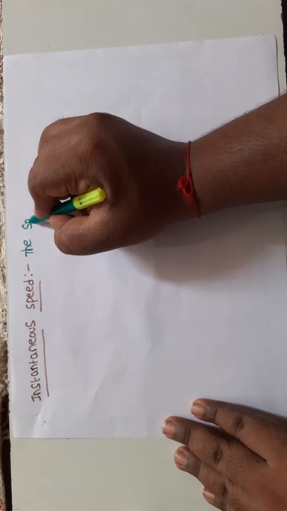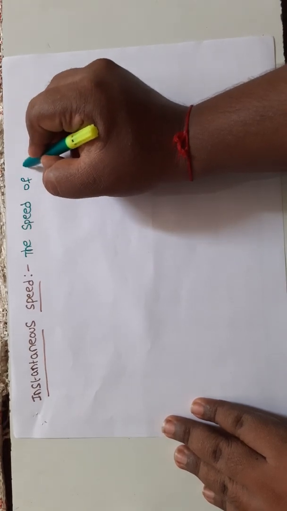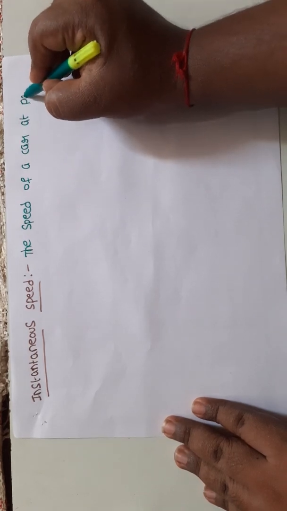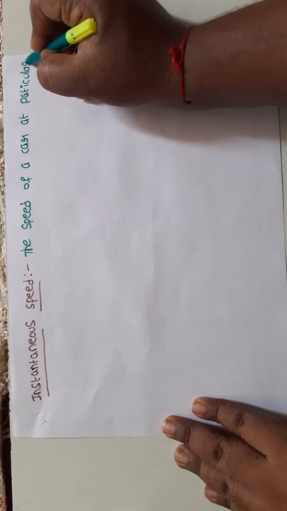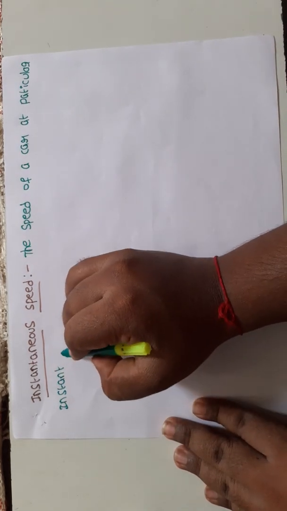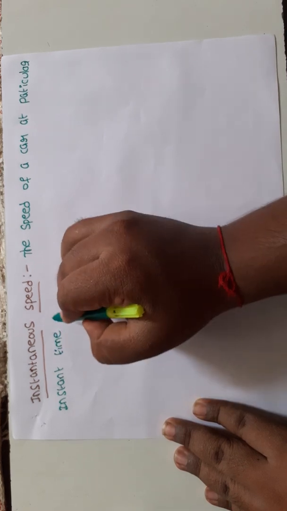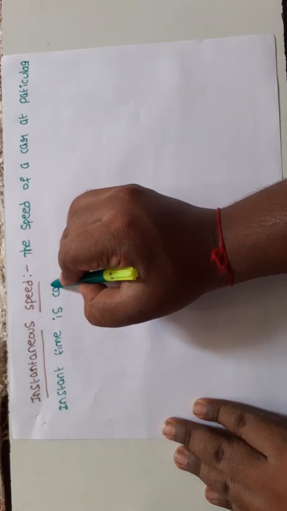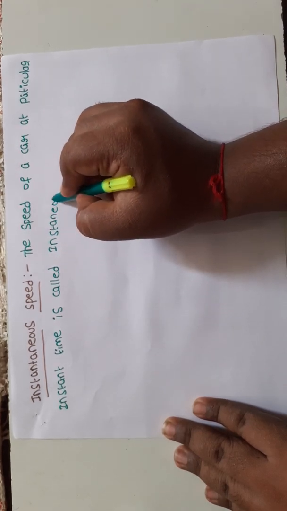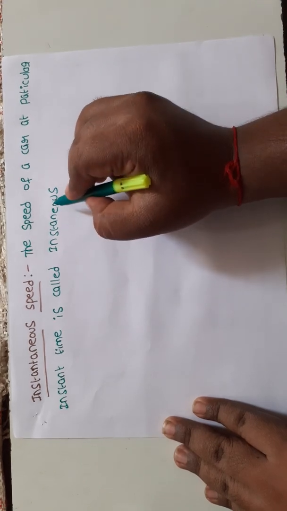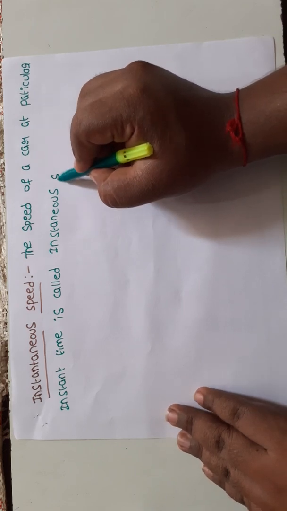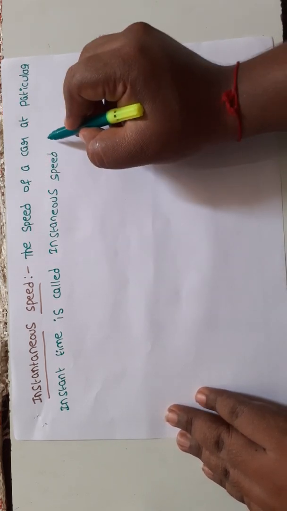The speed of a car at a particular instant of time is called instantaneous speed.